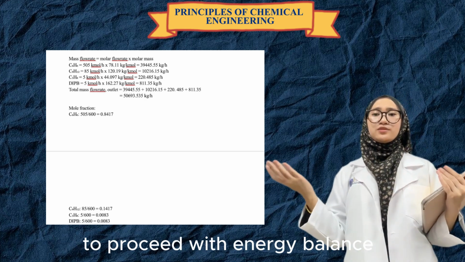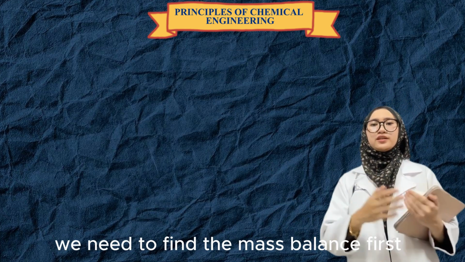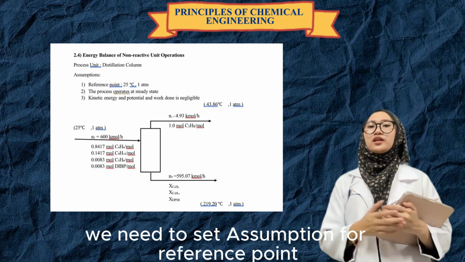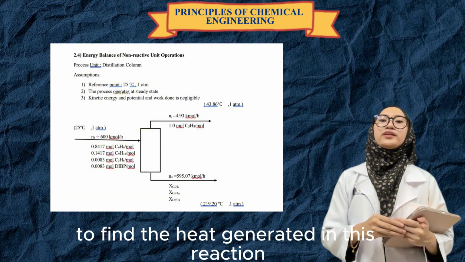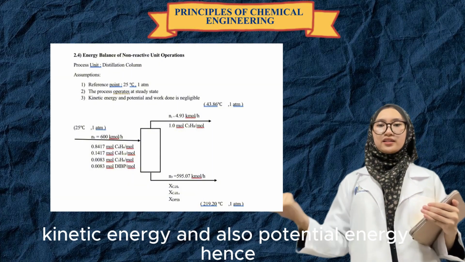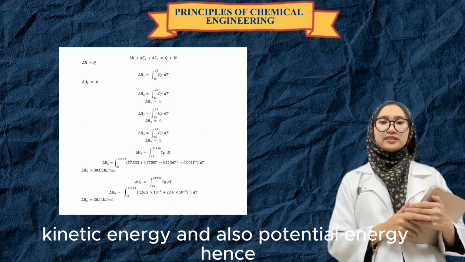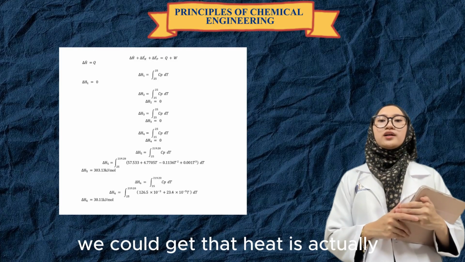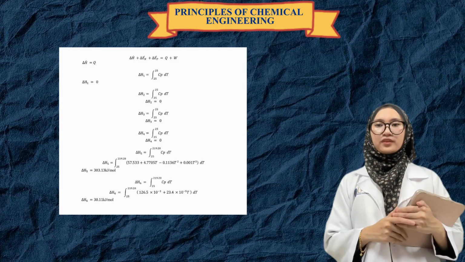To proceed with energy balance, we need to find the mass balance first. So, for both the reactive and non-reactive cases, we need to set an assumption for the reference point to find the heat generated. In this reaction, we can neglect the work done, kinetic energy, and potential energy. Hence, by using the general energy balance formula, we get that heat is equal to the change in enthalpy.